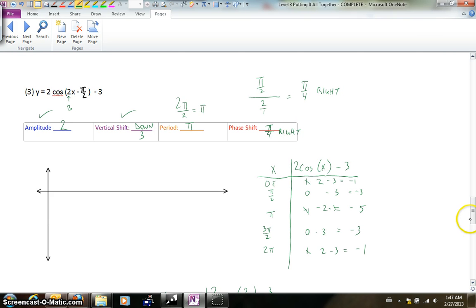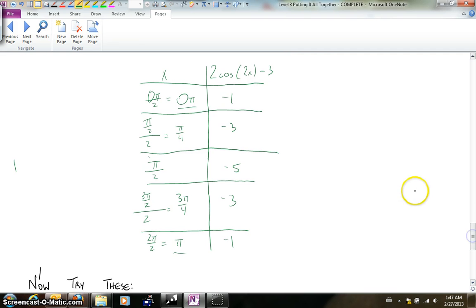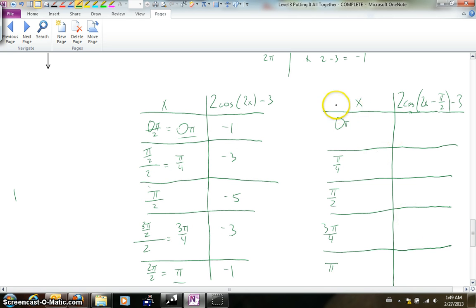And so we're going to have to add pi over 4 to all of our x's now. That'll be tricky, but we can do this. Okay, so we're moving everything pi over 4 to the right, so we've got to add pi over 4 to all of these. So we get pi over 4 as our first x, and a negative 1 for our y. Then we've got to add pi over 4 plus pi over 4.